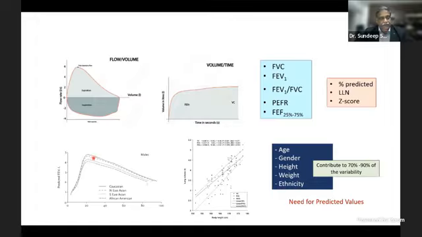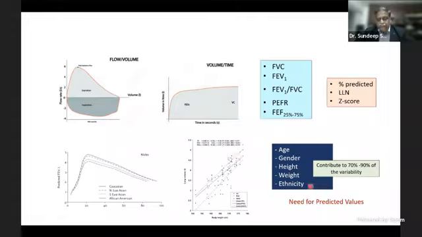You can also see the differences in ethnicity. The line on the top are those who are born in US or UK, and the line at the bottom are those who are born in Asia, like India. So the place where you are born decides how tall you're going to reach on your spirometry. Height also makes a significant impact on your spirometry predicted values, because as you grow tall, your thorax volume increases, and therefore your lung volumes also increase significantly.